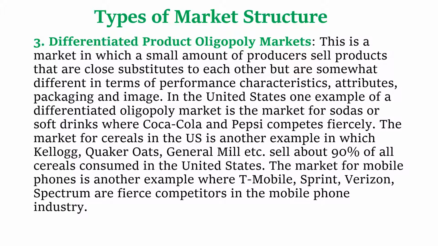The same thing applies to the US cereal market. You have those three firms, Kellogg, Quaker Oats, and General Mills, that sell about 90% of all cereal in the United States. So they are regarded as very large firms in the US cereal market.